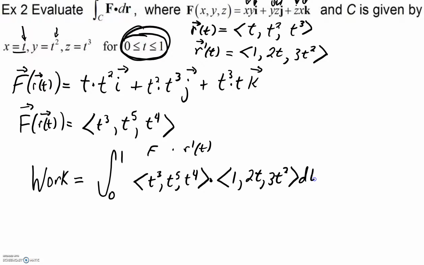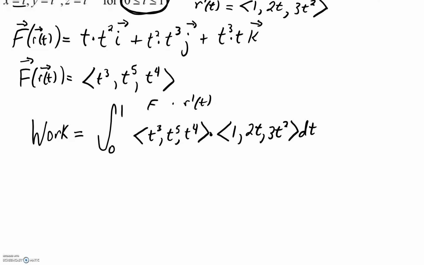As we work this out, this dot product is actually pretty simple. And it's at this point that we're going back to an integral from last year. t cubed times 1, you multiply your x components, you just get t cubed. t to the fifth times 2t, you'd get 2t to the sixth. Multiply t to the fourth times 3t squared, you'd get 3t to the sixth.